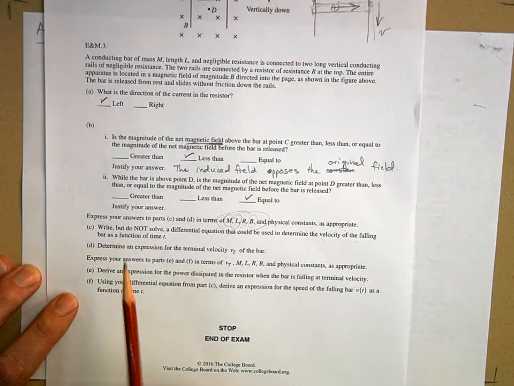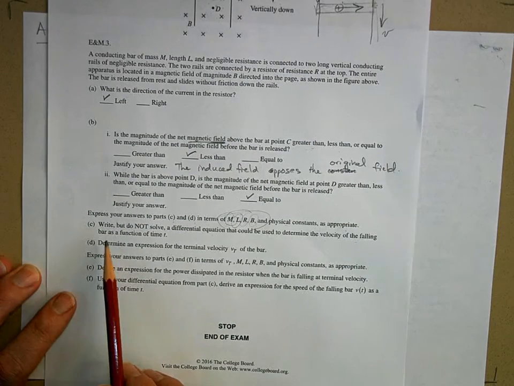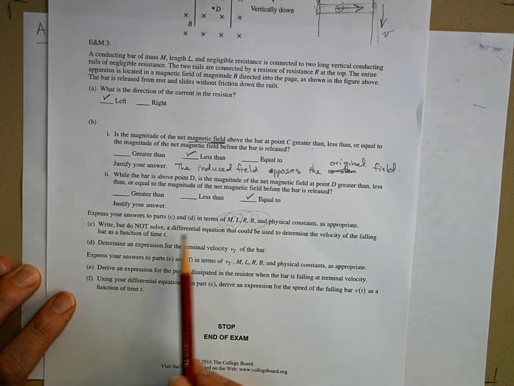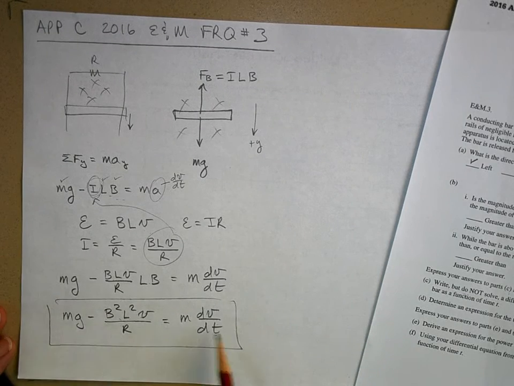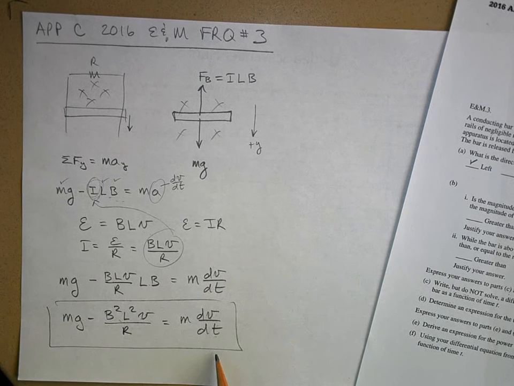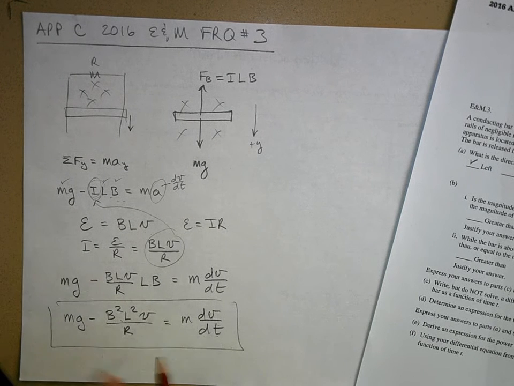Well, I'm just doing part C right now. So it says write but do not solve. Like, where's the line there where you've written it but not solved it? Yeah, I wrote it. I didn't solve it. Solving it means what is the velocity? What is the equation for velocity that when I take its first derivative and plug it in here, this works? That's what solving it means.